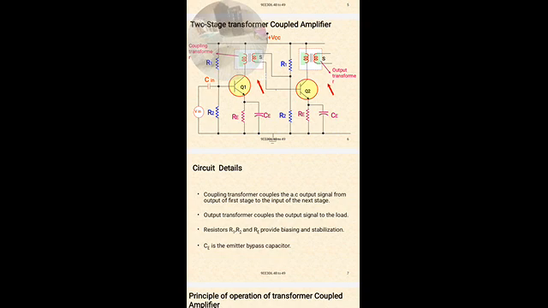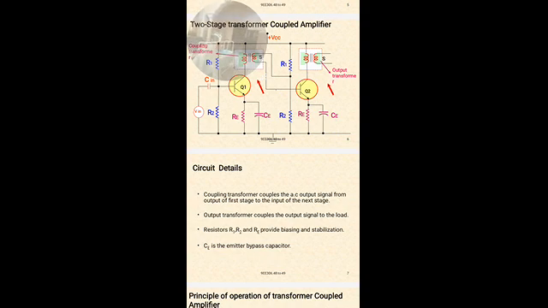Then the signal which is transferred to the secondary winding is connected to the base of the second stage amplifier. So the second stage amplifier amplifies this signal further, and the amplified output appears at the collector of the transistor Q2, nothing but the primary winding of the output transformer.